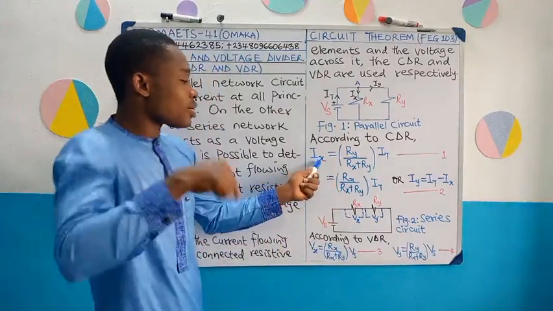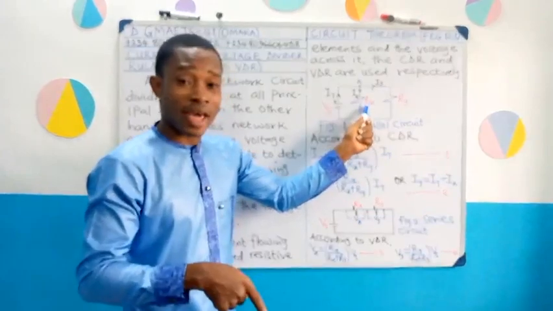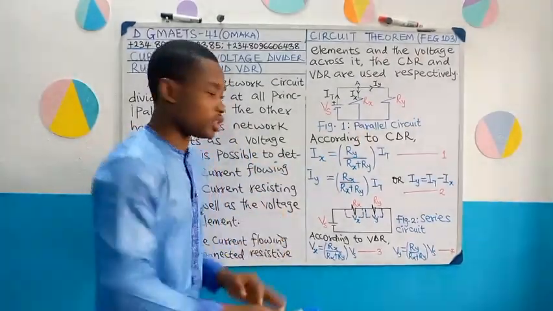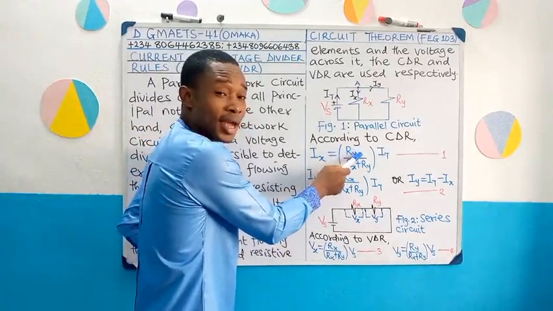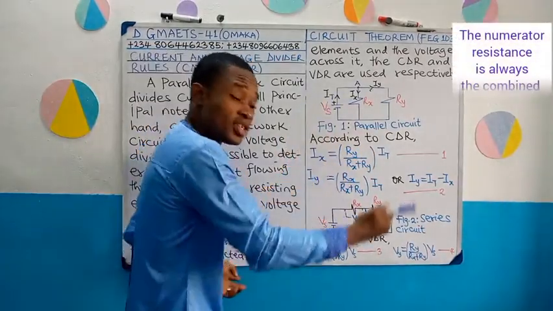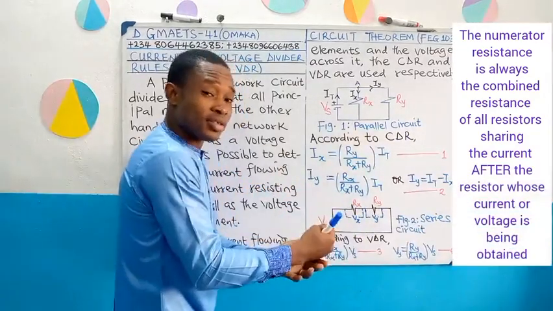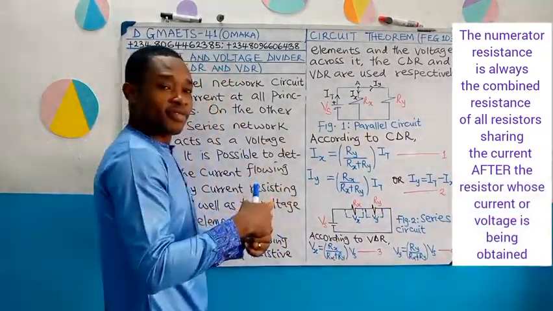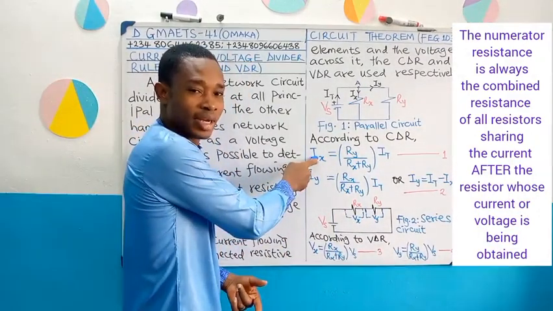To get I sub X, the current through R sub X, it's equal to, watch, R sub Y. This R sub Y is the resistor or the resistors that share the current with the resistor whose current you're trying to determine.